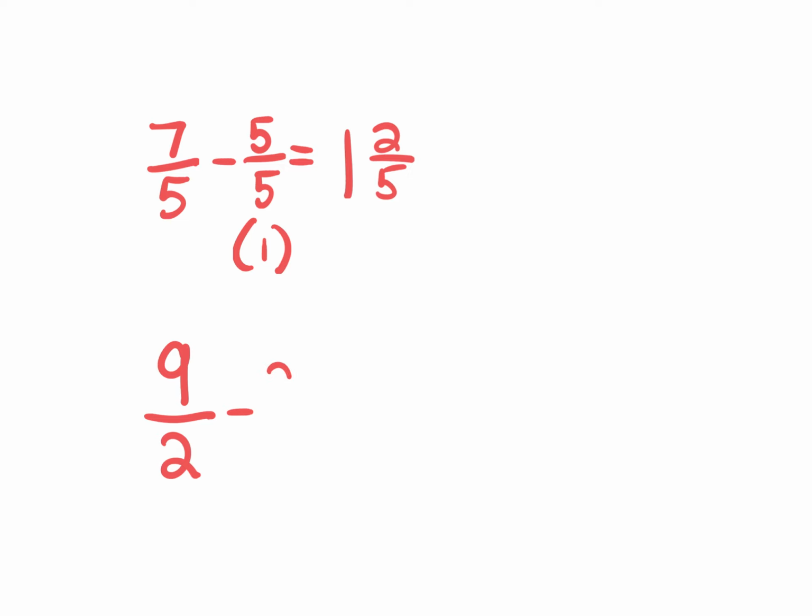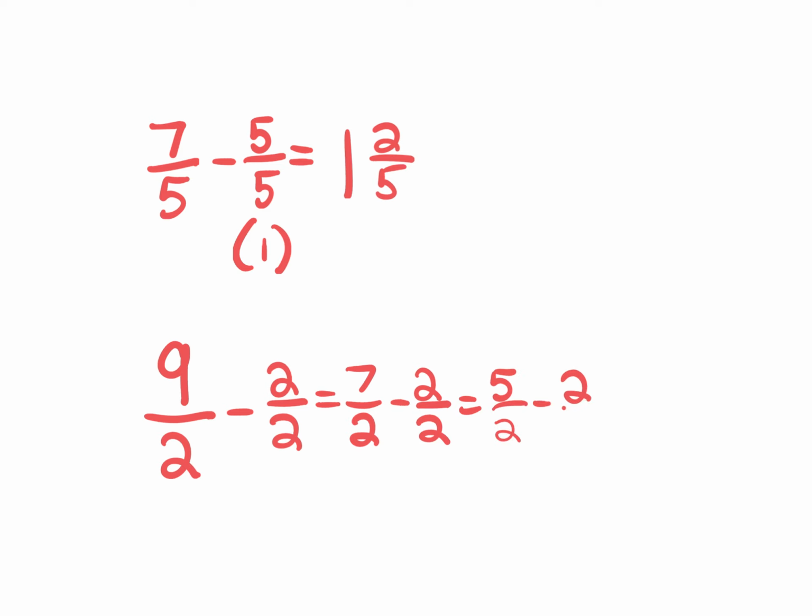I can subtract 2 over 2. That gets me 7/2. I can subtract another 2 over 2. That gets me 5/2. I can subtract another 2 over 2. That gets me 3/2, and subtract another 2 over 2.